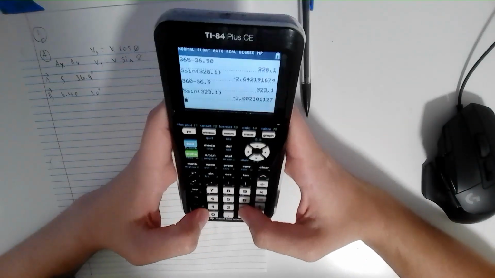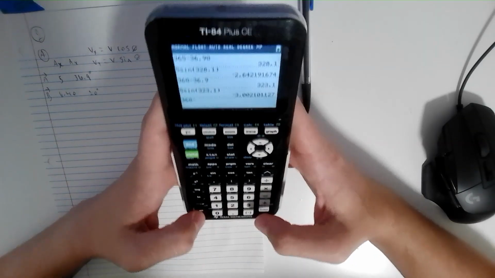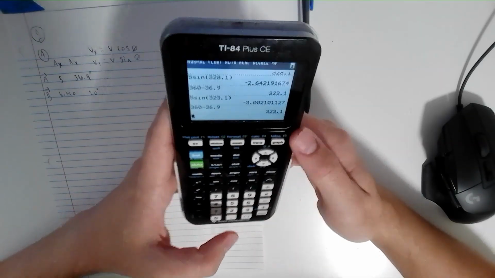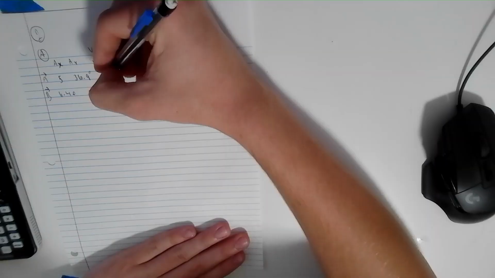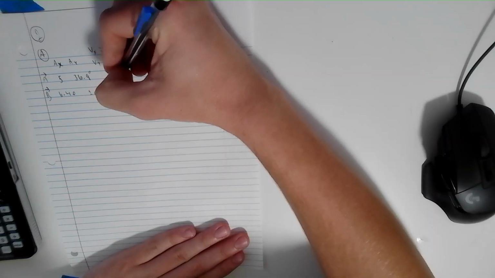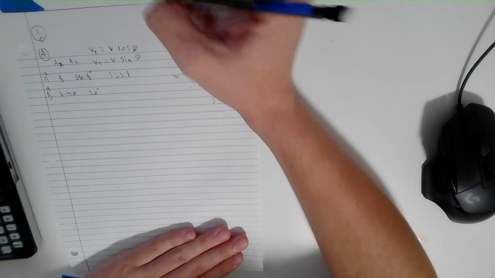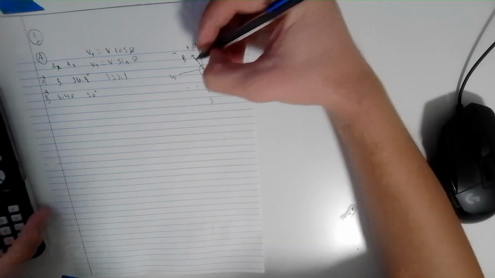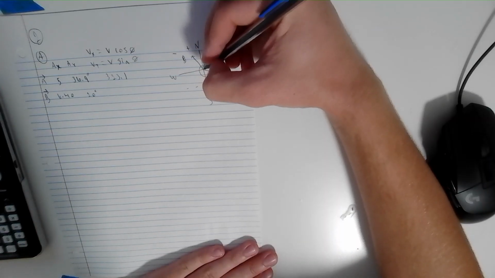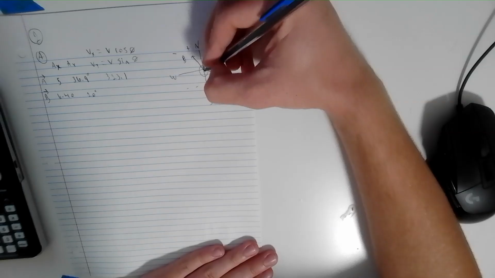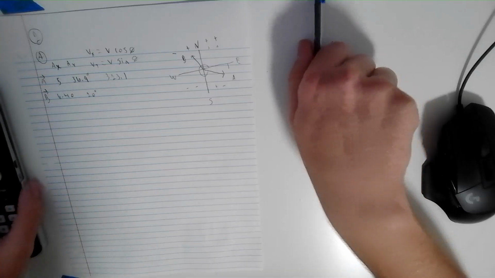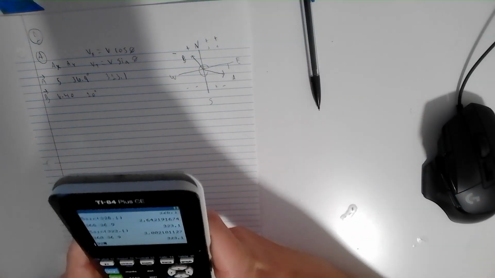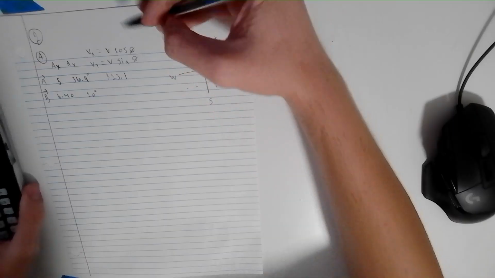So if we calculate that out, 360 minus 36.9, the actual angle is going to be 323.1. And then for the B vector, the angle is over here, so we would take 90 because anything off of this is 90 degrees, and then we would just add 20 degrees to 90. So the actual angle would be 110.